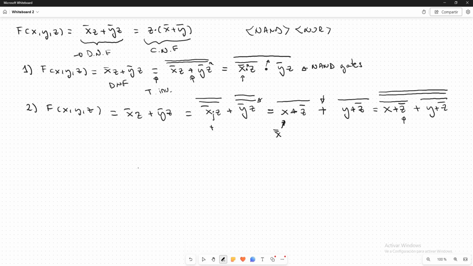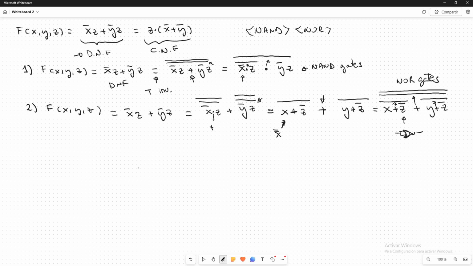A negated variable can be obtained with a NOR gate, just connecting both inputs to the same variable. This is a negated sum, this is a negated sum, this is a negated sum that is negated again. So we can build this just using NOR gates.